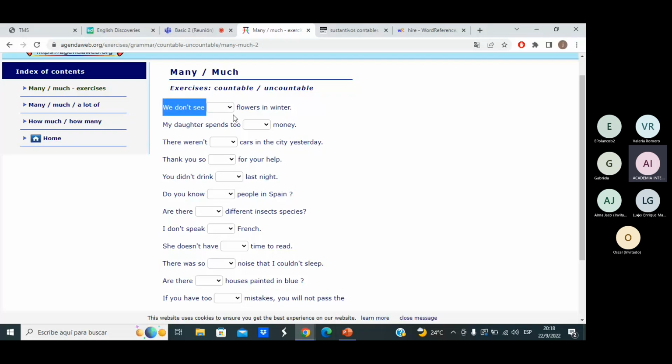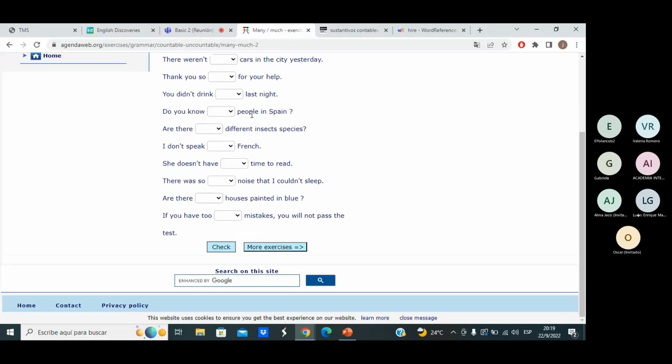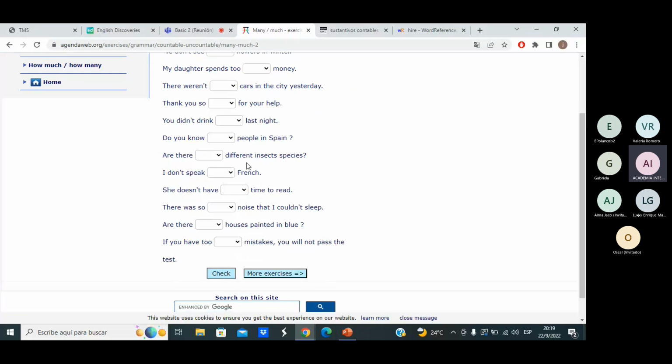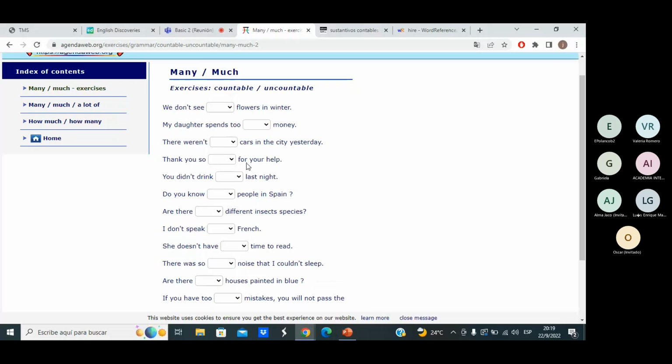But you are going to read the whole sentence. You are not going to say only the quantifier. Is that clear? Van a leer toda la oración. No solo van a decir, falta many o falta much. You are going to read the whole sentence. Okay, now it's clear what you are going to do.